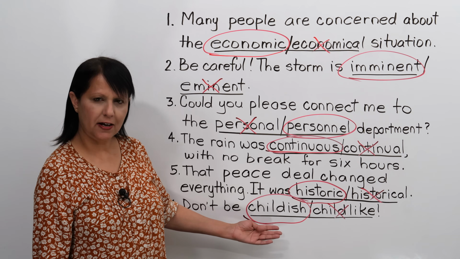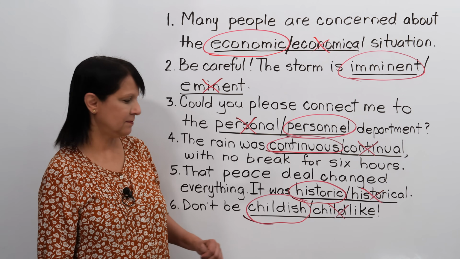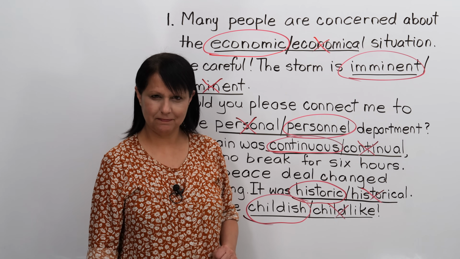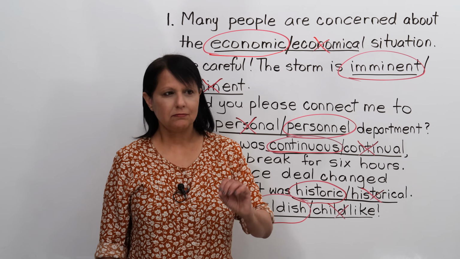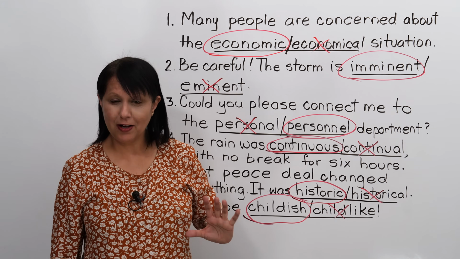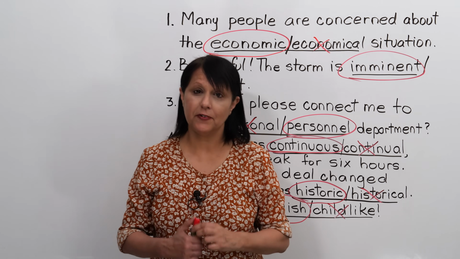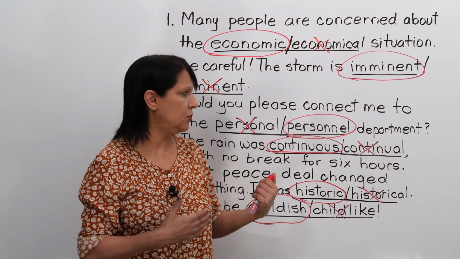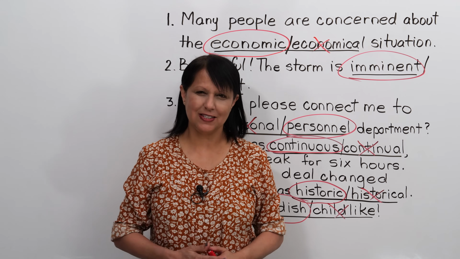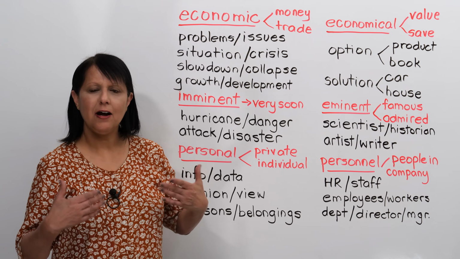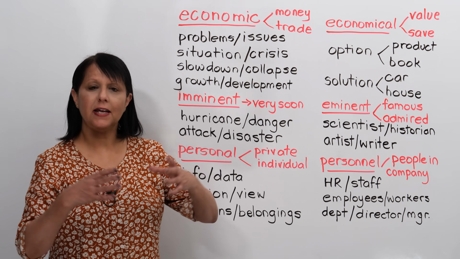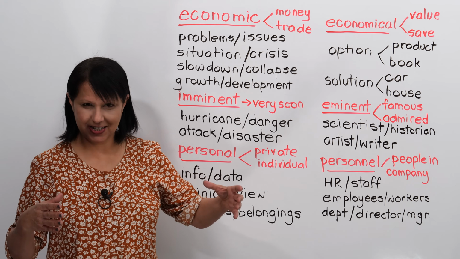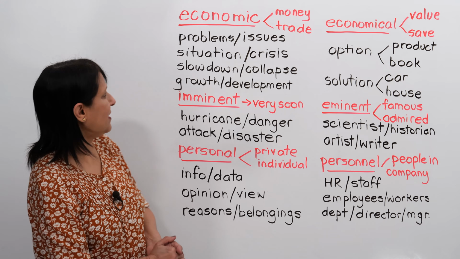And childish, childlike. Okay? So, perhaps you've understood them well, but let's make sure you understand them very well and see the collocations and expressions in which we can use these advanced adjectives. Now, let's look at how we can use these words in expressions or collocations. All right? Let's get started.